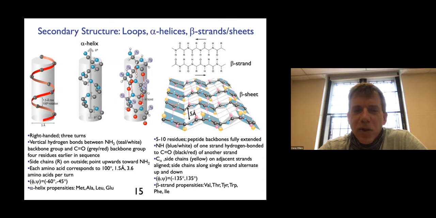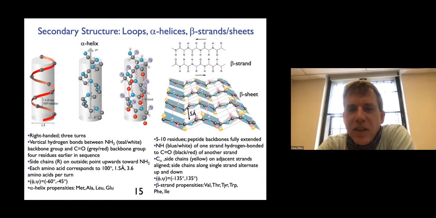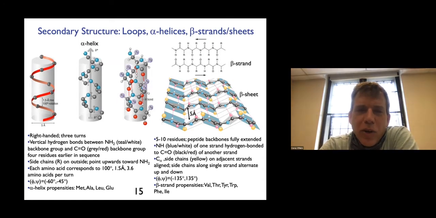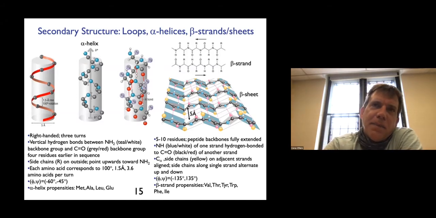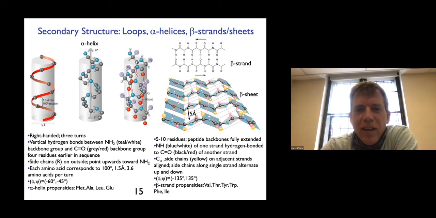And backbone dihedral angles talk to you about what are the relative angles and positions that the nitrogen, the alpha carbon, the carboxyl carbon, and the carboxyl oxygen are making with each other.